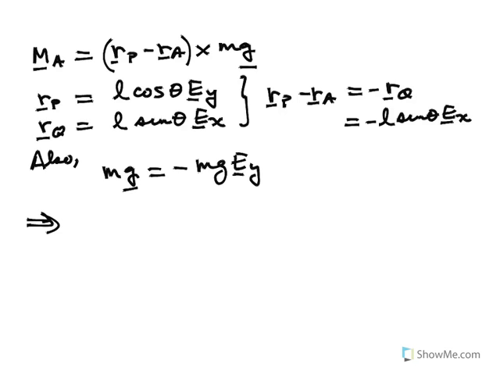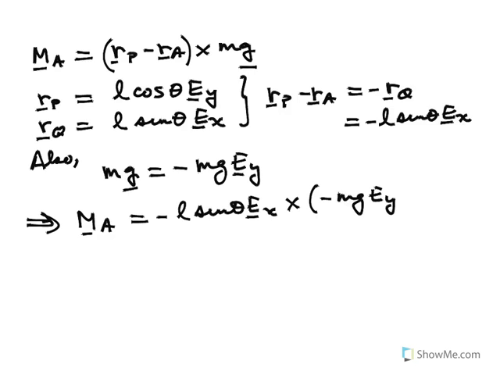So this implies that the moment relative to point A is equal to minus L sine theta times EX crossed with minus mg EY, which is equal to mgL times the sine of theta. EX crossed with EY is EZ. So there's the moment relative to point A.